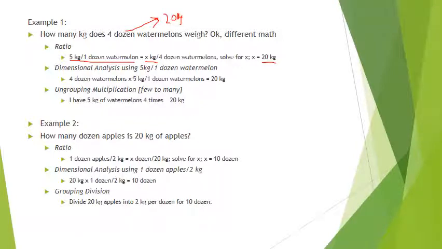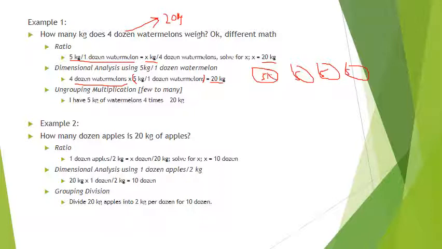Okay, you can use dimensional analysis. You have 4 dozen times the conversion factor, which is the same thing as the ratio above, 5 kilograms per 1 dozen, and you get 20 kilograms. And again, using the ungrouping, you have 4 dozen. Now, instead of putting 12 in here, you're going to put in 5 kilograms. So you have 5 kilograms in each one.